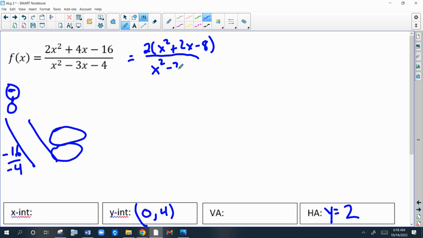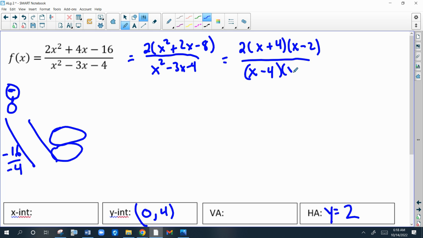On the top, the factors of negative 8 that add up to 2 are positive 4 and negative 2. On the bottom, the factors of negative 4 that add up to 3 are negative 4 and positive 1.